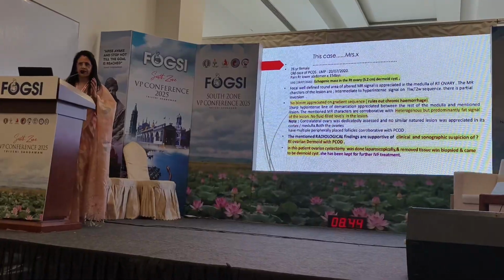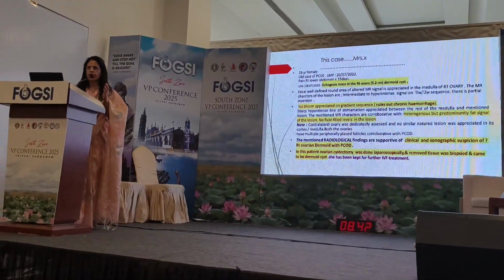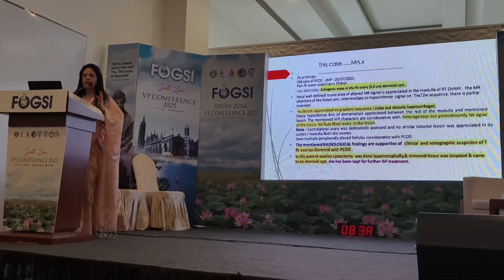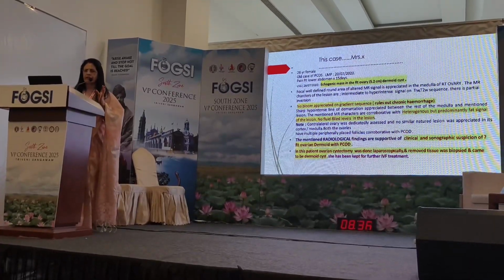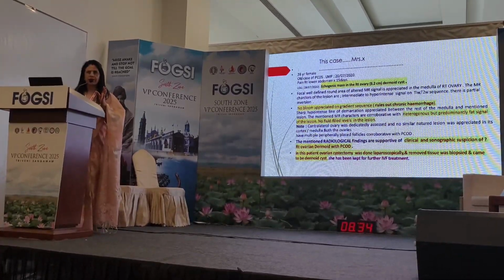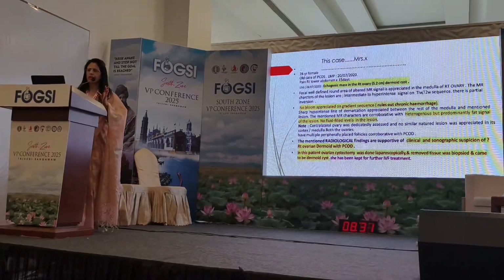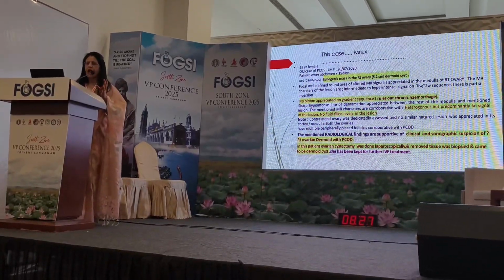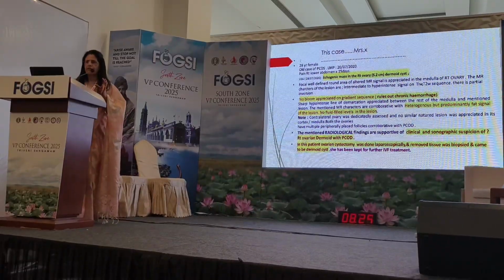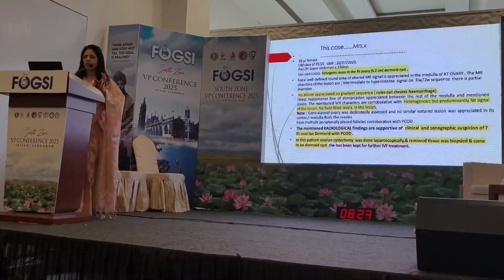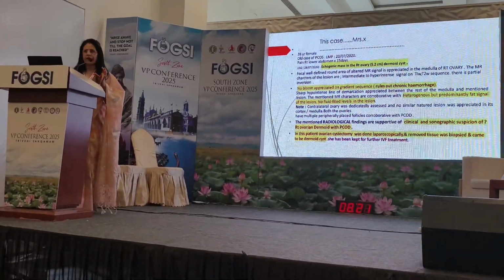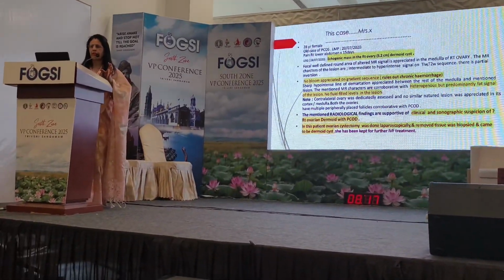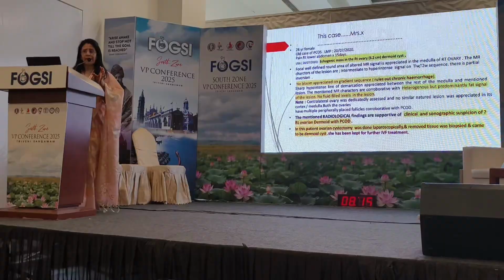This is a case presentation. A 28-year-old female presented with a case of PCOS. Her last period when she presented to me was on 20th July 2020. She had pain in the right abdomen for 15 days, and on ultrasound we noticed an echogenic mass in the right ovary, 5.2 centimeters. It turned out to be a dermoid cyst, and the diagnosis was also confirmed on MRI.